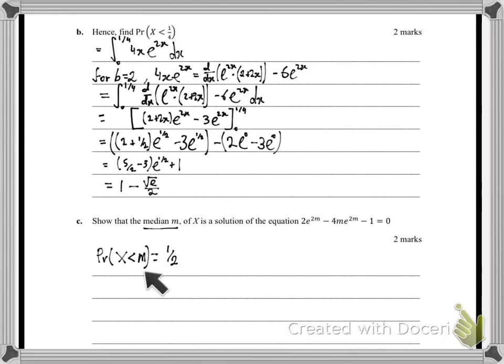So this probability statement here is an integral, the same as something like in the first question. So the integral from 0 to m of the probability density function is going to equal 0.5.